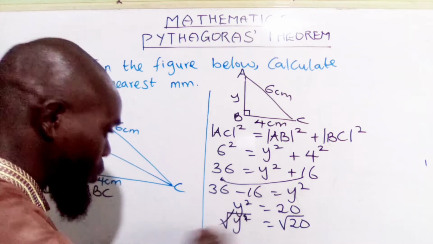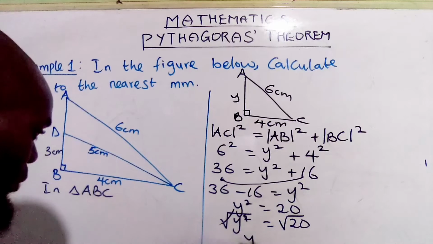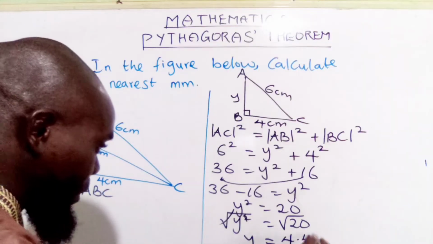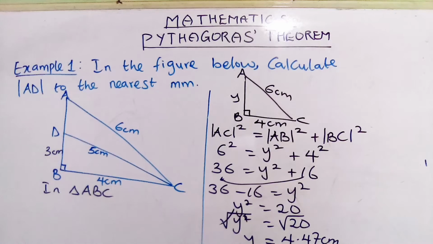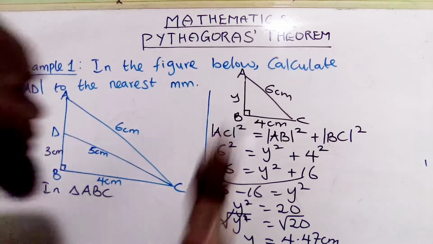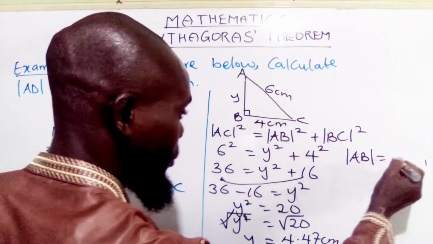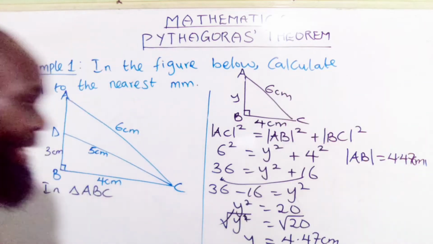So square cancels square root. So I want to get the value of my Y. By pressing your calculator, your Y equals 4.47 centimeters. Now that is the value of our Y, and our Y means line AB, and line AB equals 4.47 centimeters. So that's our line AB.